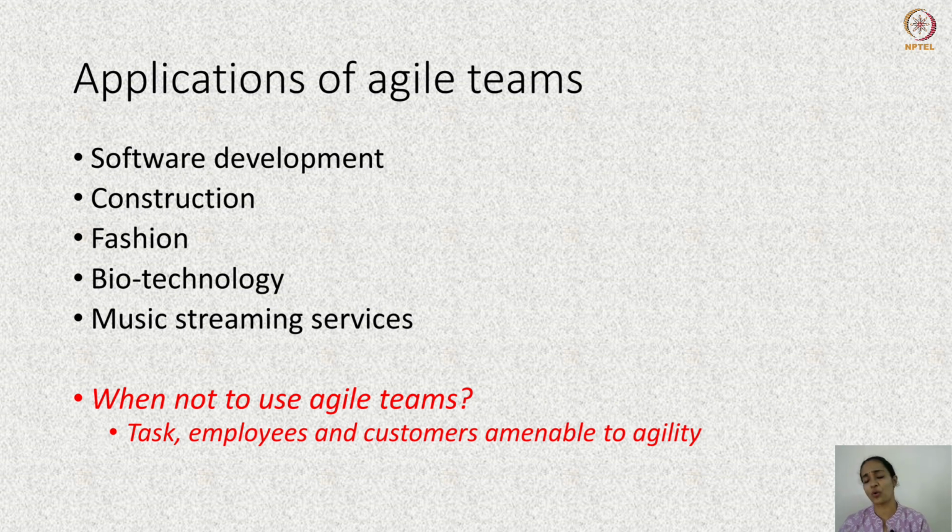If this is not required, and if the work which they are doing is stable and requires little input from external stakeholders, following an agile methodology may not help. In fact, it will just hamper the working of the team. So, having seen the application of agile teams, let us look at some of the benefits of using agile.